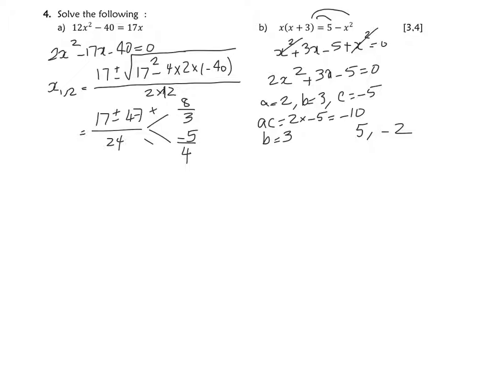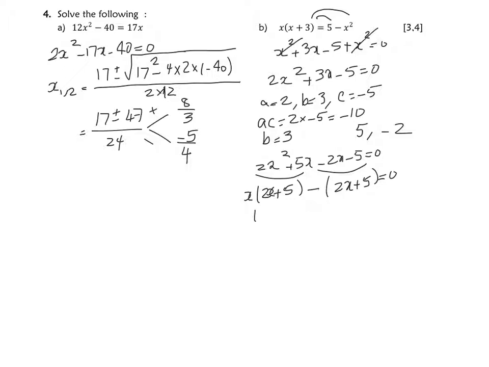So I can decompose the middle term and I get 2x squared plus 5x minus 2x minus 5 is equal to 0. Take the first two terms and the last two terms, factor x out. I get x times 2x plus 5 minus, from the last two terms, 2x plus 5. Then factor 2x plus 5 out.